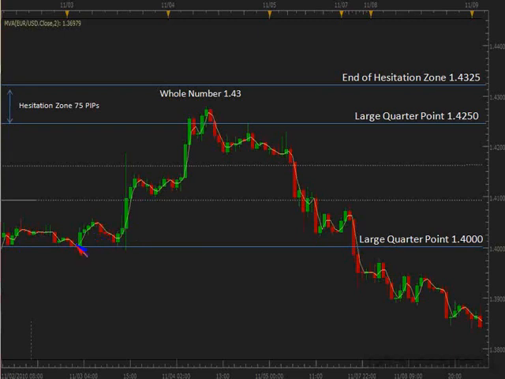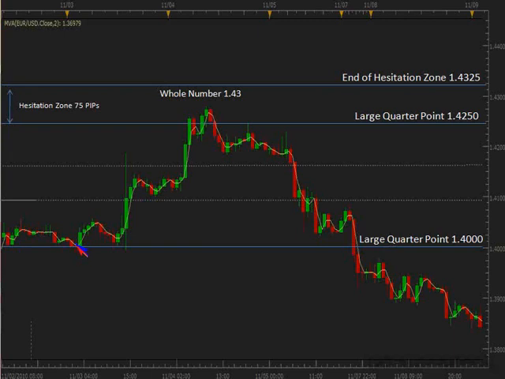So, well, Gino is asking a question: with the euro's volatility of 180 pips per day, don't you think that 75 pips is too small for the hesitations? Well, if you pick up my book, you will also find out, and later on in this presentation you will also see, other important price levels within the large quarters.